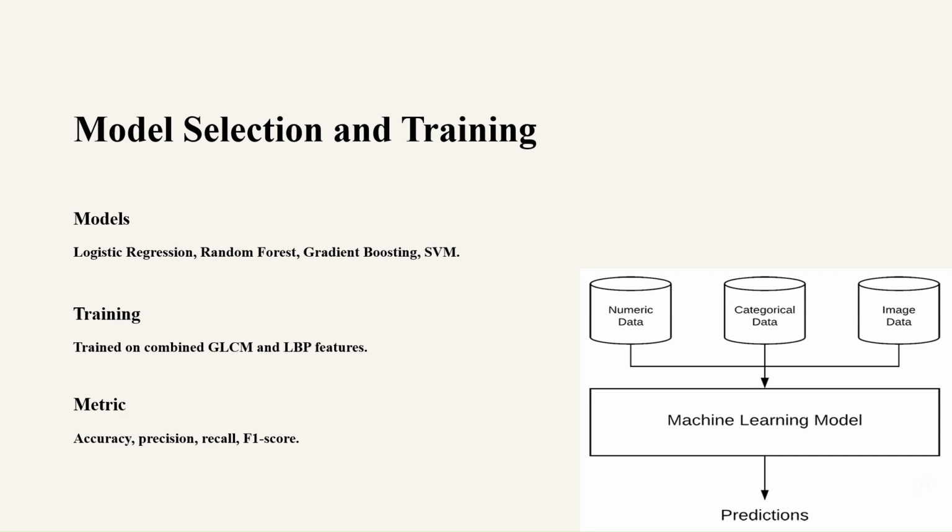First, we extracted the GLCM features, then the LBP features, combined them, scaled them into normal values, and then used the models. For training, we used logistic regression, random forest, gradient boosting, and SVM. We used SVC with particular hyperparameters for each.